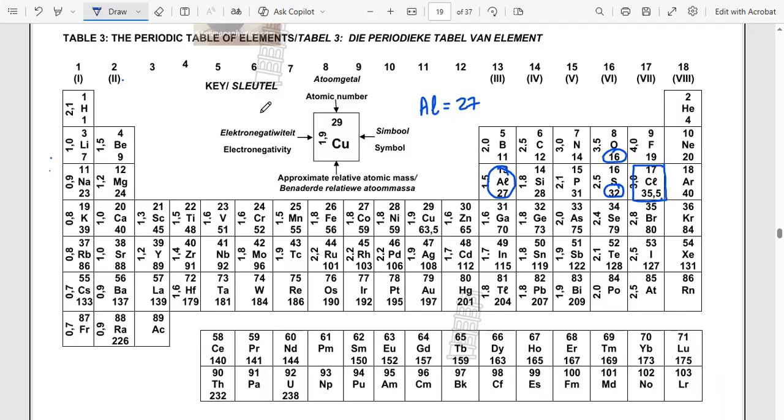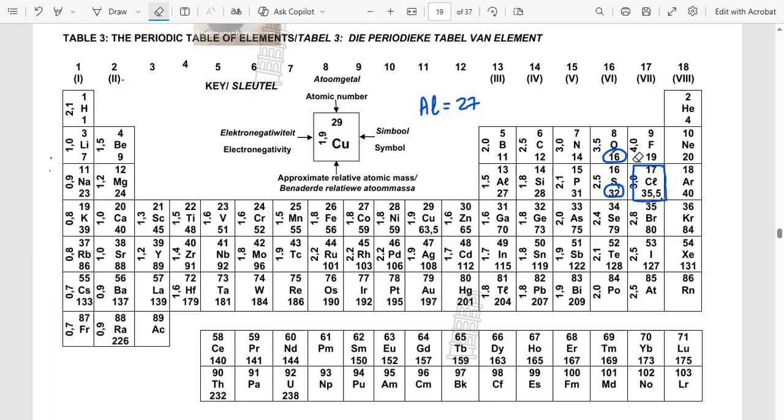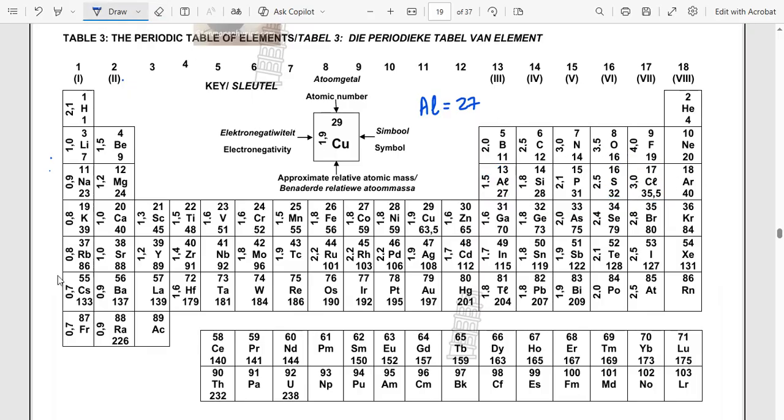Okay, let's locate those elements. I'm going to look at K first. I know it's potassium, it's in group 1. That's K. We take the number below, which is 39. Okay, and let's go look for Mn. This is manganese. That's 55.